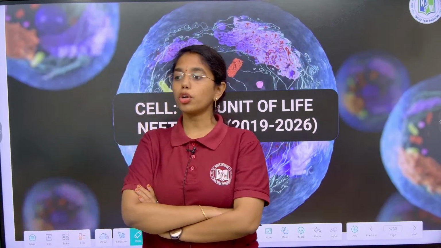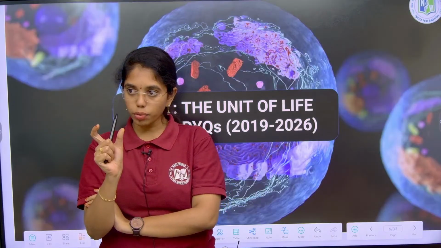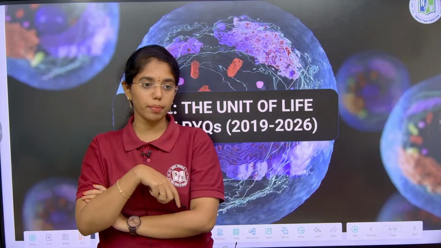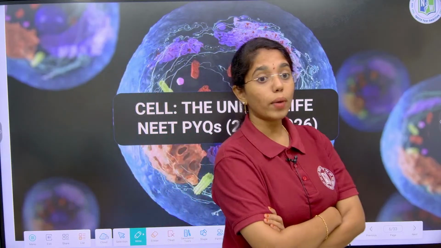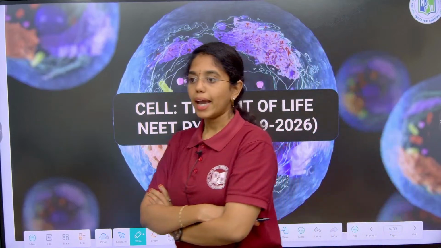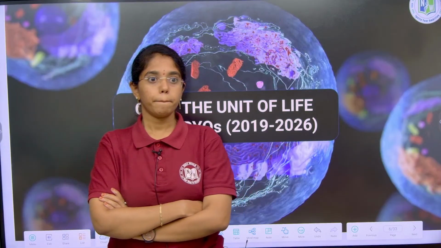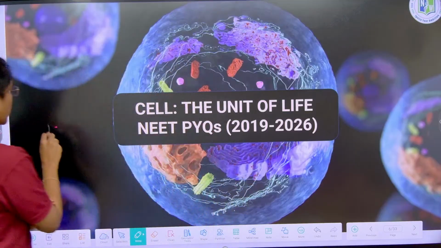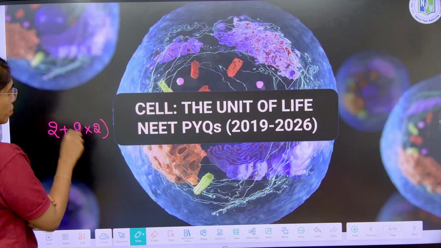Then we have learnt on cilia and flagella. Has what microtubular arrangement? 9 plus 2. Central 2 microtubules, each radial spoke has 2 peripheral microtubules. Total how many microtubules? 18 plus 2: 2 central microtubules plus 9 radial spokes, each has 2.